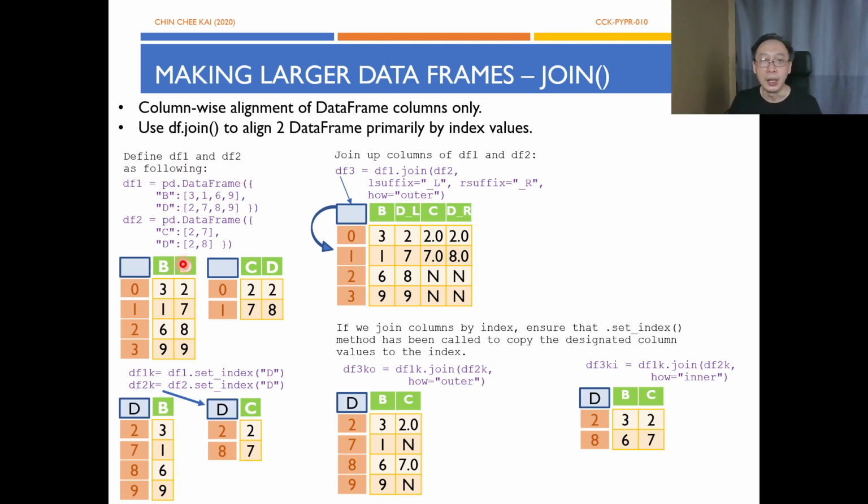Again, we create the same differently sized and intentionally programmed data. So df1, df2. When we run df1 dot join with df2, okay, there's also a sense of left on and right on, except we don't say that. We say L suffix and R suffix. So what it means is the disambiguating suffix for the columns.